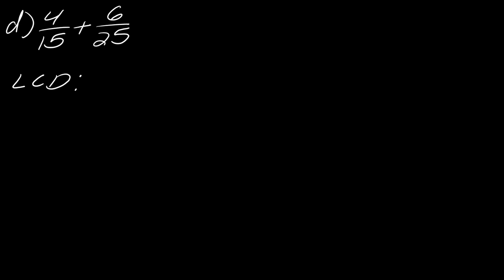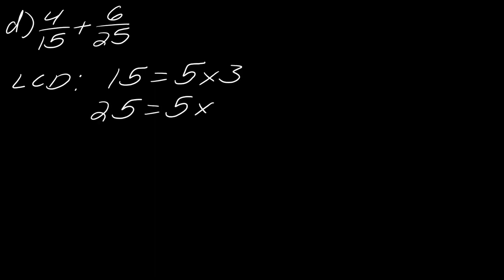So my LCD here, what divides both of these numbers? 5. So I'm going to rewrite 15 as 5 times 3, and I'm going to rewrite 25 as 5 times 5. So notice they only share this one singular factor of 5 in common, okay? So the LCD is that 5 that they have in common, and then the stuff that they don't.